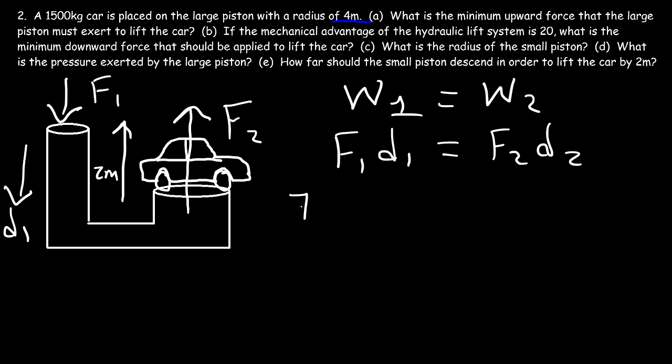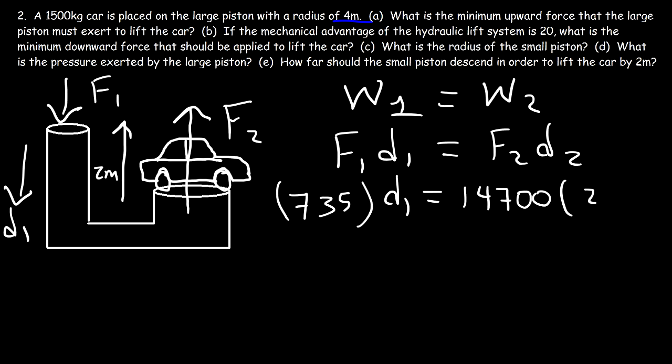So F1, we said, was 735 newtons. And D1, we're going to push down the small piston by some unknown amount. We need to calculate D1. And F2, that's the large force, that's 14,700. And we know that D2 is 2 meters. That's how high the car is being lifted up.